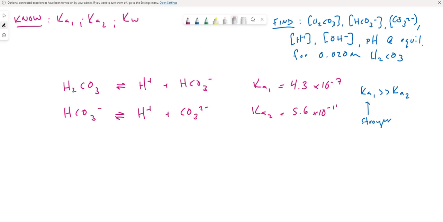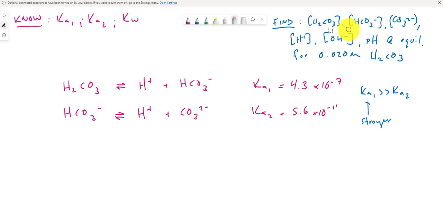So how would we solve an equilibrium concentration problem when we have a diprotic acid like this? Just like we did in the previous video for a monoprotic weak acid, we want to find all of the equilibrium species, including pH at equilibrium, but we're given an initial concentration of this diprotic, the H2CO3.